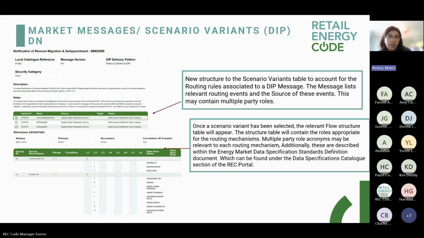Once a scenario variant has been selected, the relevant flow structure table appears, which you can see in the screenshot there. This table contains roles appropriate for the routing mechanisms. Multiple party role acronyms may apply, and full names are available in the Energy Market Data Specification standards definition document, which is accessible via the REC portal.